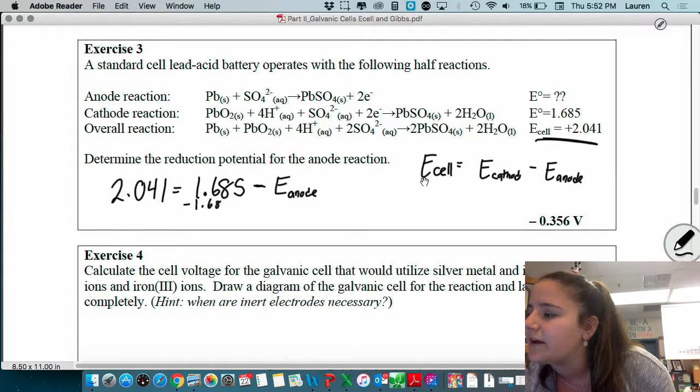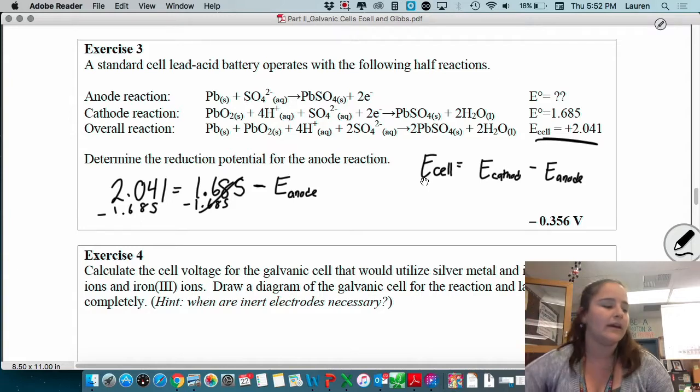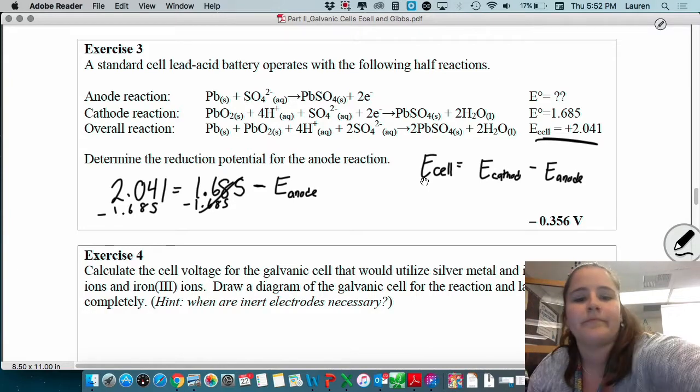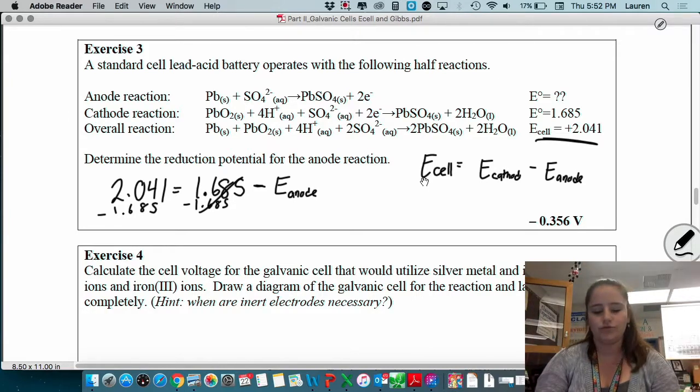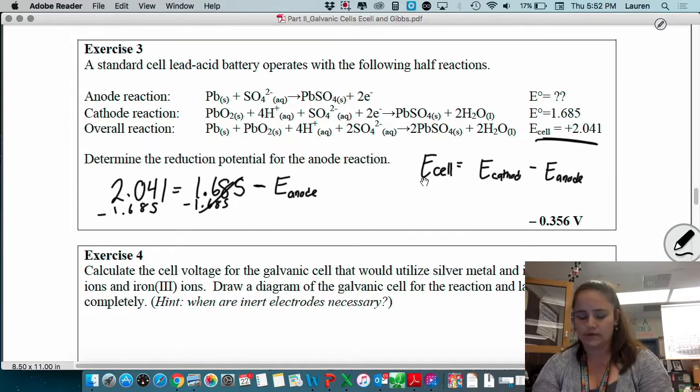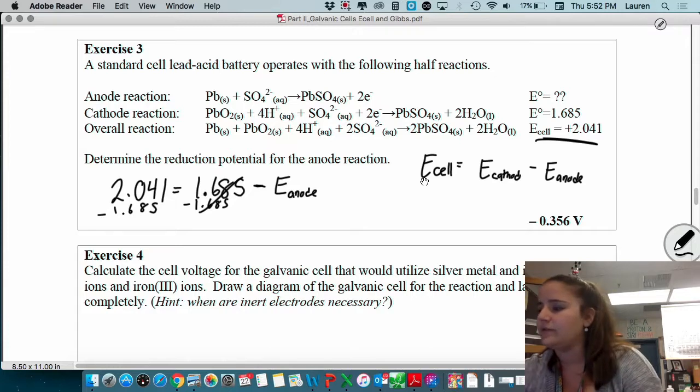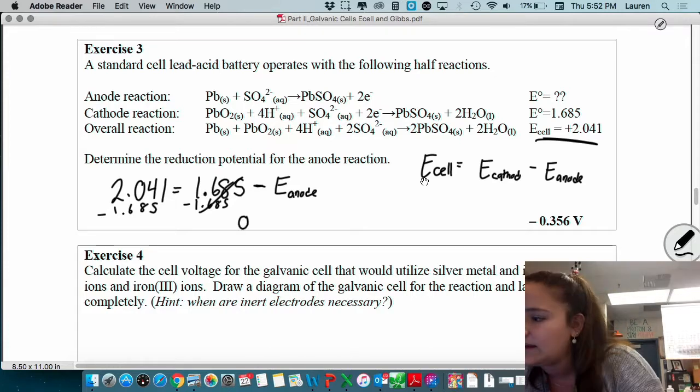Then we subtract 1.685 from both sides, and you get 2.041 minus 1.685 gives you 0.356 equals negative E anode.